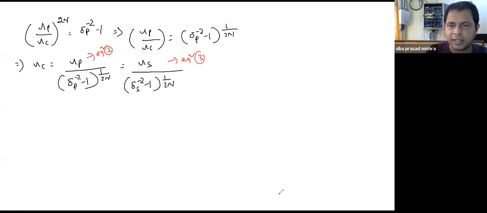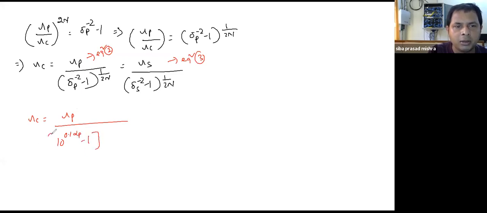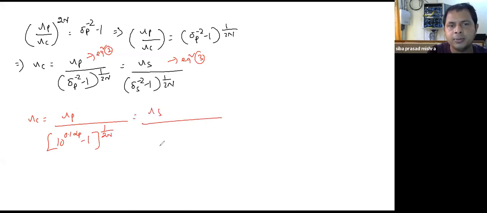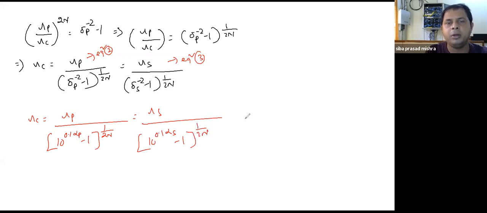Or if you want to write it in dB form, how can you write it? This is the linear form. In dB form, omega c equals omega p divided by (10 to the power 0.1 alpha p minus 1) whole power 1 by 2n, which equals omega s divided by (10 to the power 0.1 alpha s minus 1) whole power 1 by 2n.